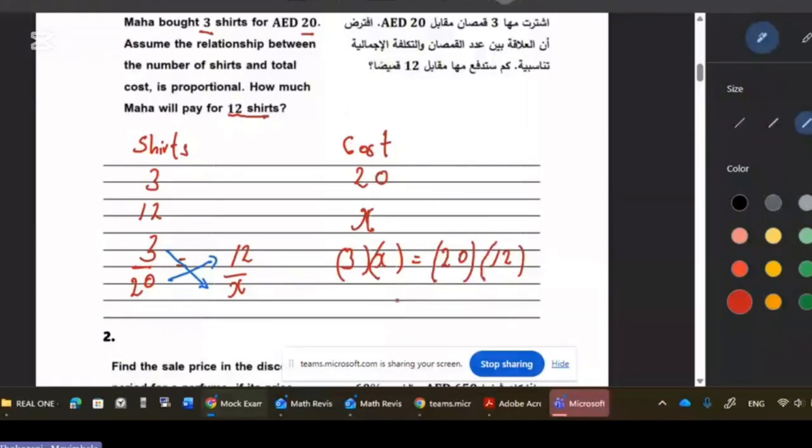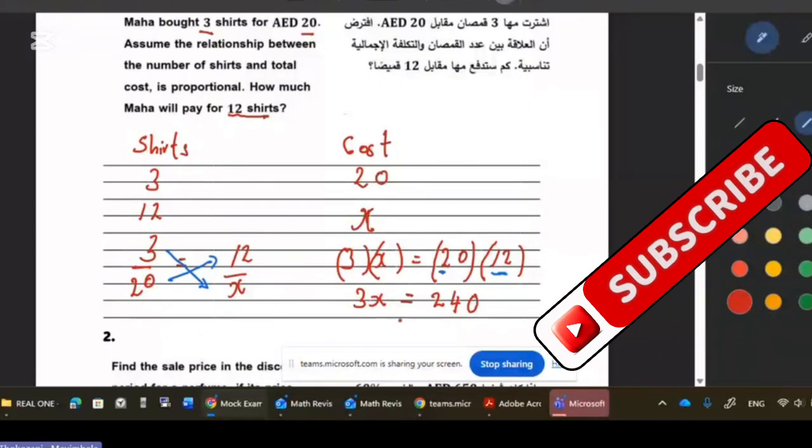So 3 times x will give us 3x, which is equal to, now I have 20 times 12. So what I normally do, I just multiply the numbers. So as you can see here, I have a number here, 2, and I have 12 here. So if I say 2 times 12, I'm going to get 24. And then I still have this 0 here, and then I'm going to bring down the 0 there.